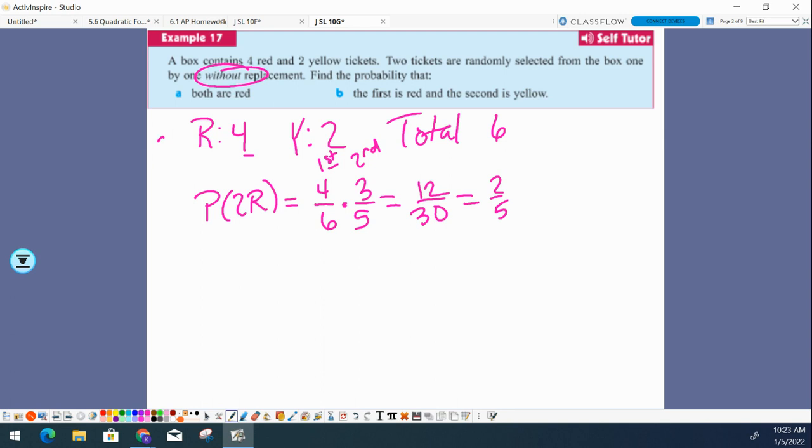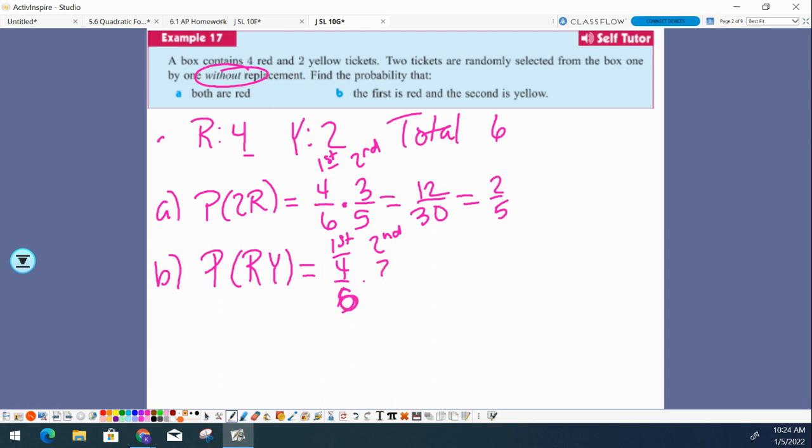All right. So for letter B, probability of red, then yellow. If the first one is red, we're still having our 4 out of 6. Then the second one is yellow. We still have 2 yellow tickets in. Oops, that was 6, right?